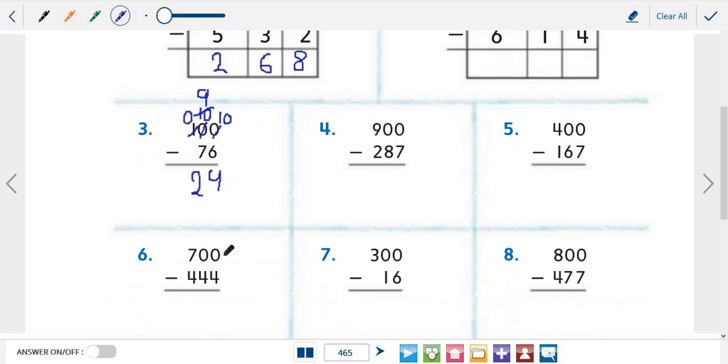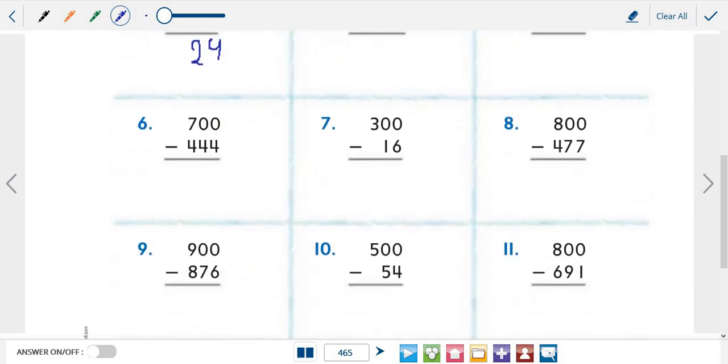So interesting. Now let's solve question number 9. 900 minus 876. The same idea. We cannot subtract ones or tens. We need to regroup 100. So this 9 is gonna be 8. And this 0 is gonna be 10. And now we need to regroup a 10 into 10 ones.